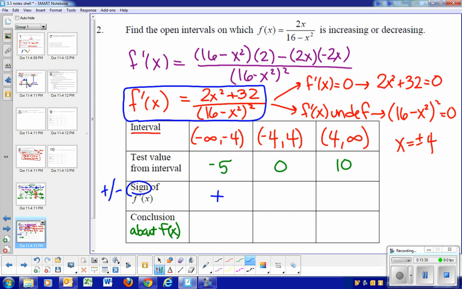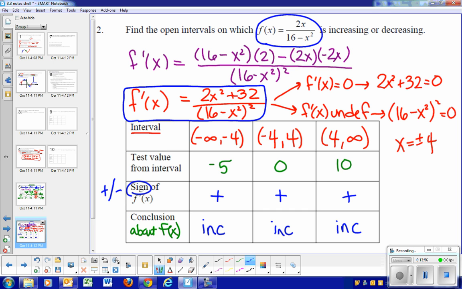I'm going to get 16 squared on the bottom, and that's going to be positive. And if I put in 10, still have something positive. So all of these return a positive. So what does that mean? Well, I know because of that rule that a positive derivative means the function is increasing. Can you envision how this would be increasing all the time? Look back at the original function.